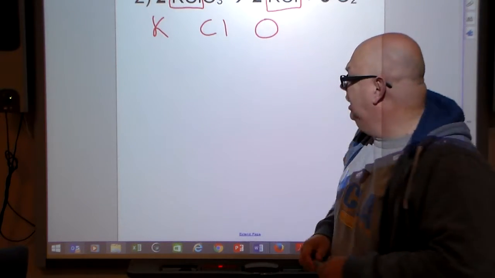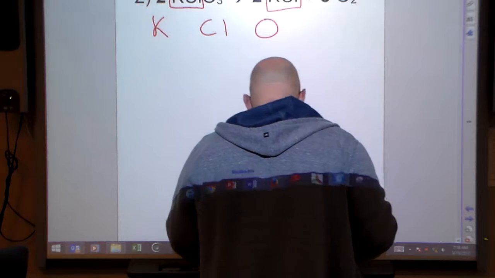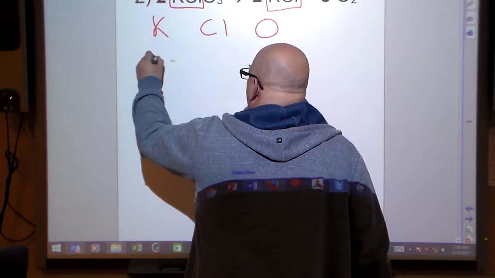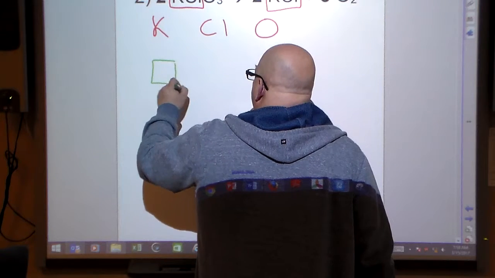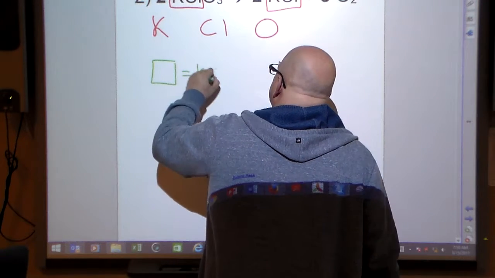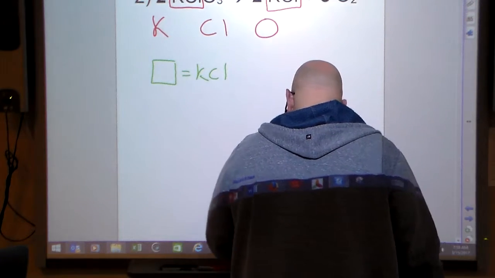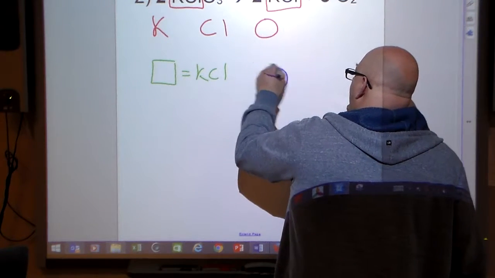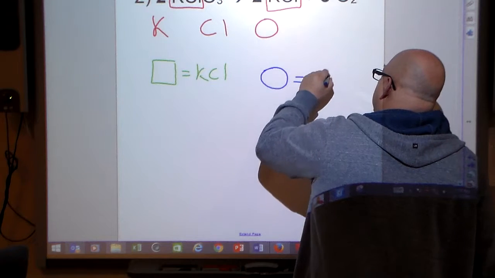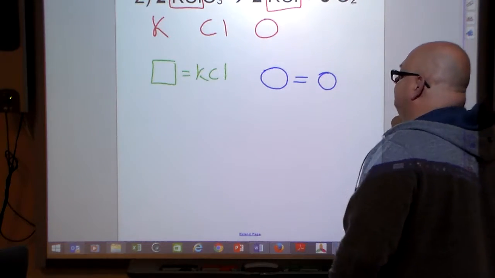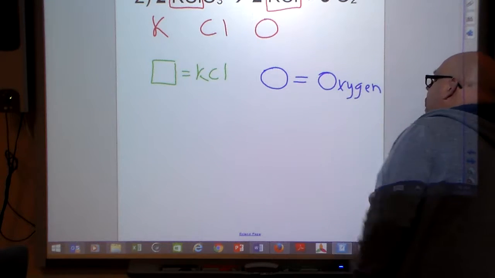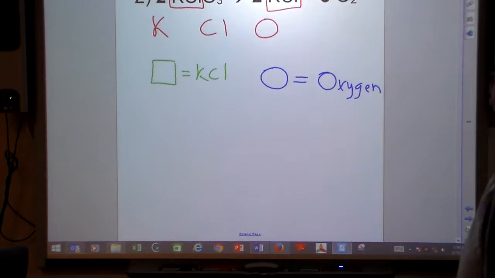I think that would make it a lot easier. So I'm going to go ahead and represent a green box as our KCl, and I'm going to have a blue circle represent our oxygen. Okay, I'll write it out. Oxygen. So that's what we have, ladies and gentlemen.